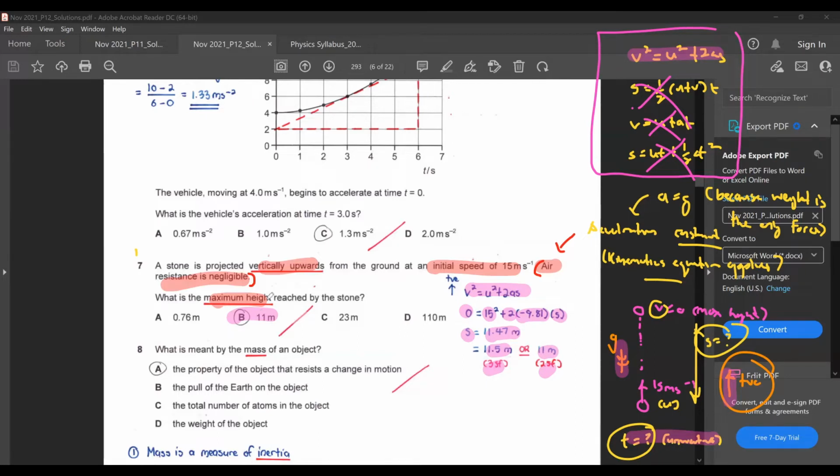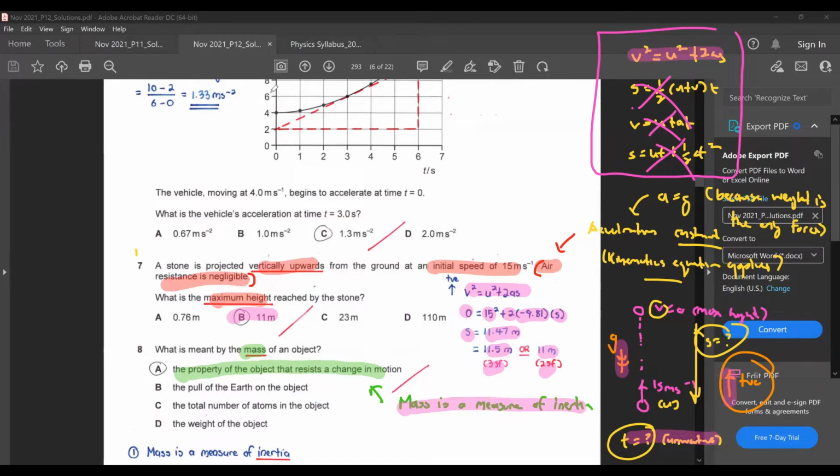Okay, then next question. What is meant by the mass of an object? Now this one is something that you just need to remember as some definition. Mass of an object is the property of an object that resists change in motion. One of the things you would have learned is that mass is a measure of inertia.